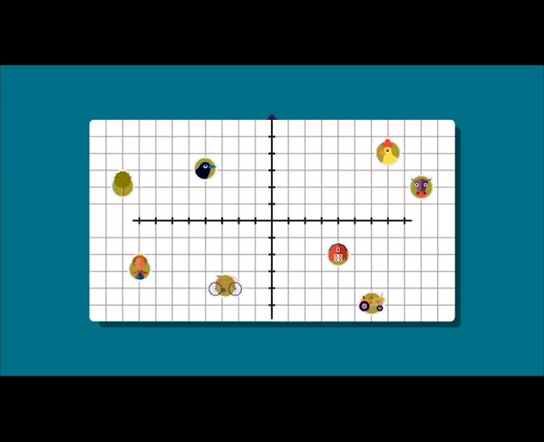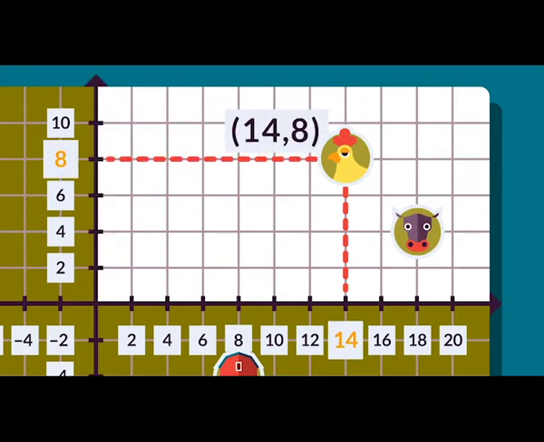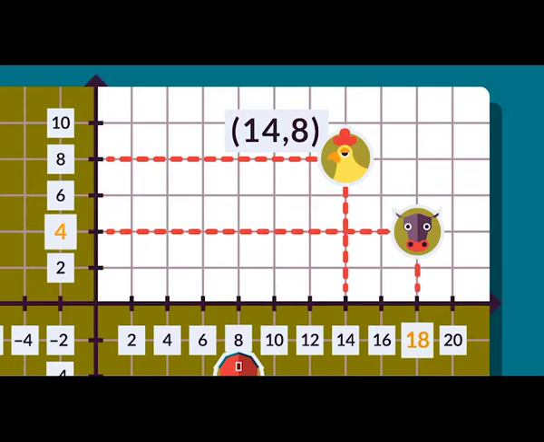So let's try and locate some objects on this plane by giving the coordinates of each. Let's start with the first quadrant. The chicken is in line with 14 on the x-axis and 8 on the y-axis. Its coordinates are therefore (14, 8). The cow is 18 on the x-axis and 4 on the y-axis, so its coordinates are (18, 4). Then the second quadrant.